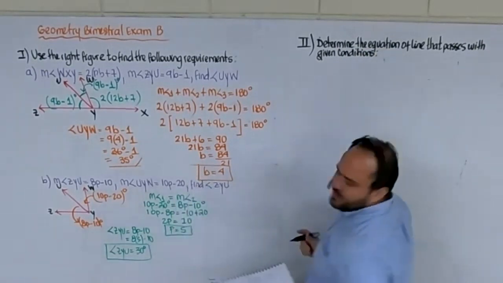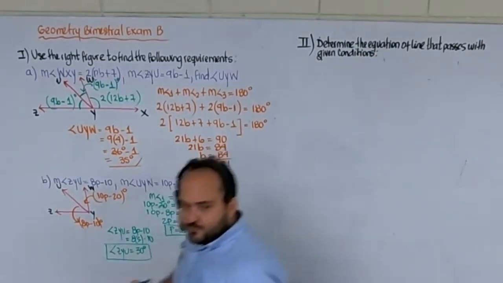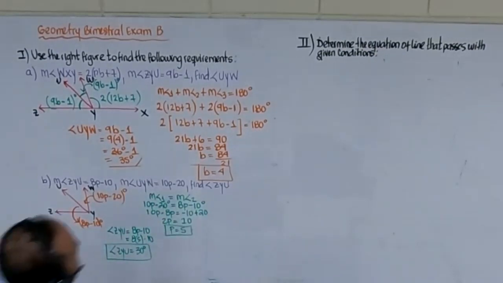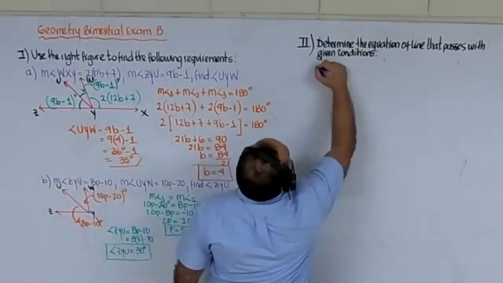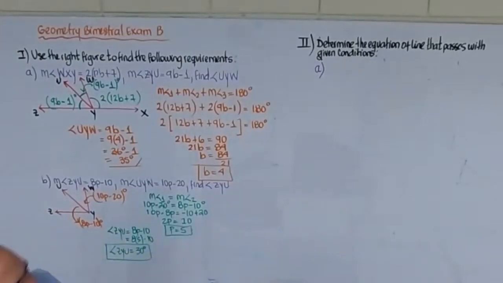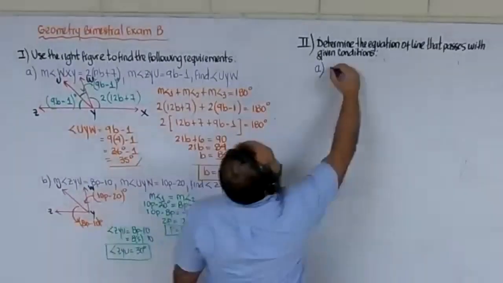What conditions might those be? The first one, in letter A, according to the problem, the line passes through the point (4, 7).